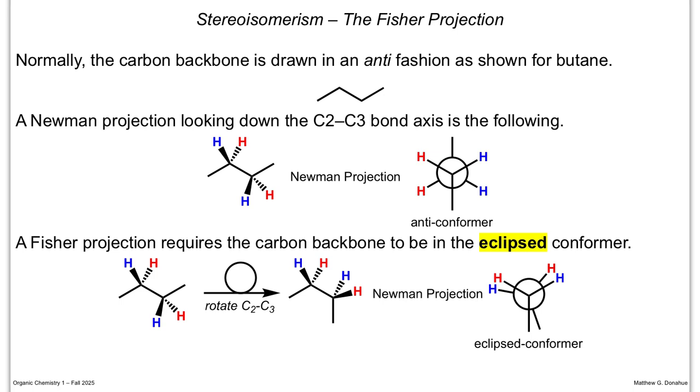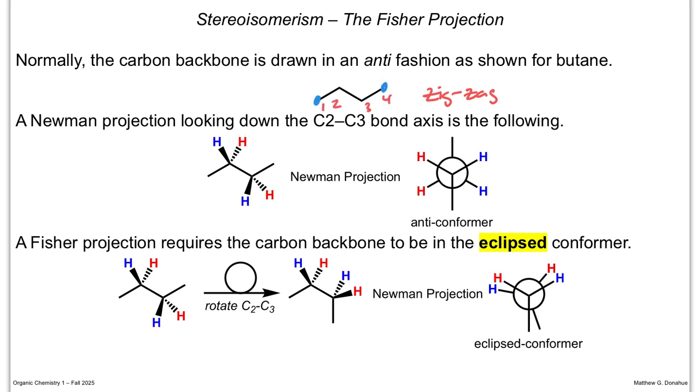As we normally draw things, I always just call that the zigzag drawing. I don't know if it has a formal name or not, but that's the carbon backbone that lies in the plane of the projection screen. I want to use some colors here.